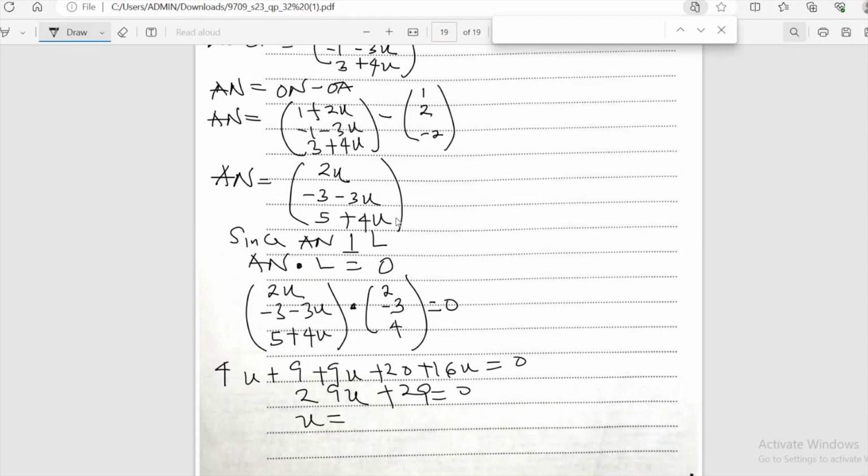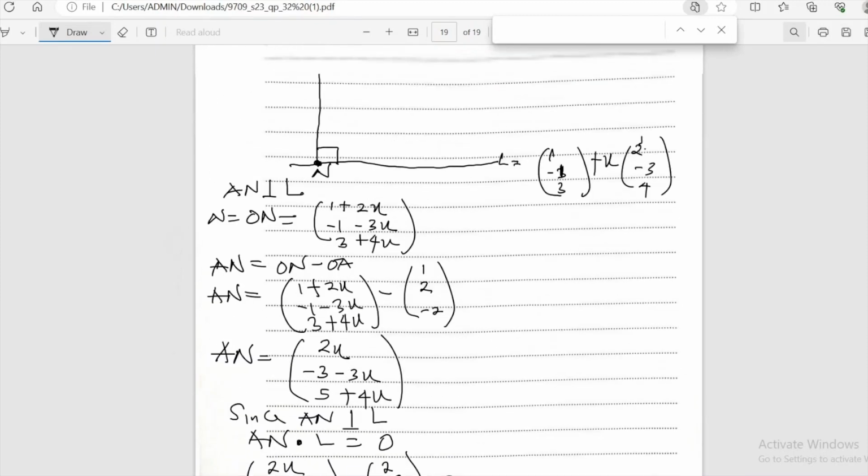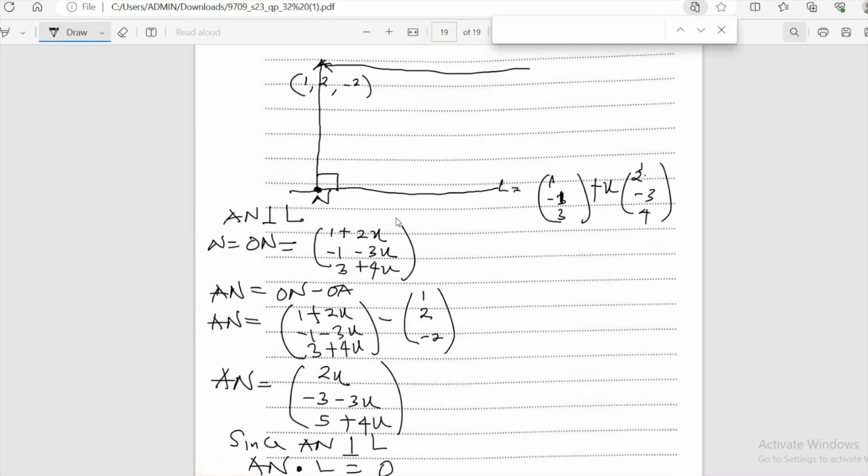So here, mu is minus 1. When mu is minus 1, we can now get AN. AN is 2 mu, minus 3 mu, 5 plus 4 mu, and our mu is minus 1.